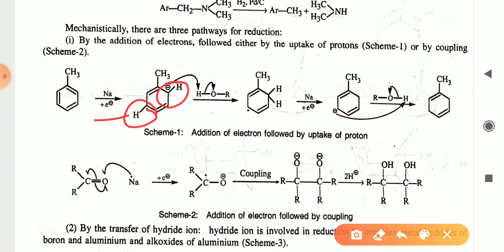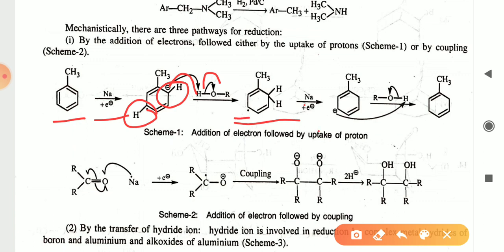negative ion. So in presence of ROH, this bond shifted here and the free electron will bind with this hydrogen. We get the addition of hydrogen, and the three-bond system converts into a two double bond system, and here is a free radical also.